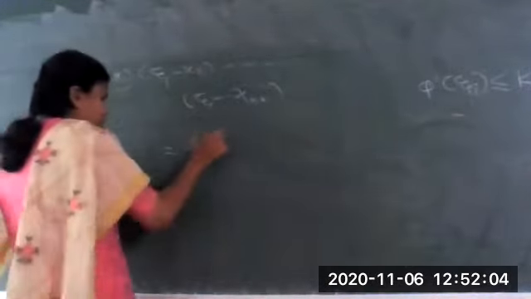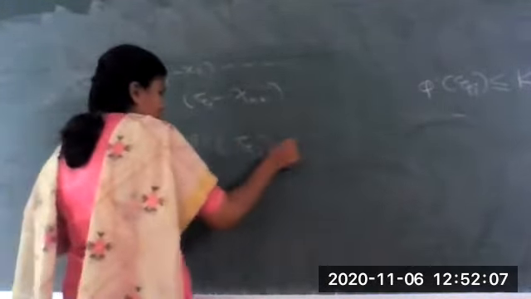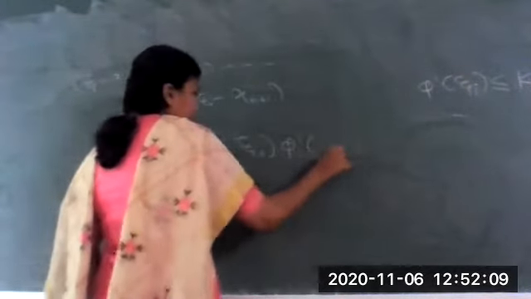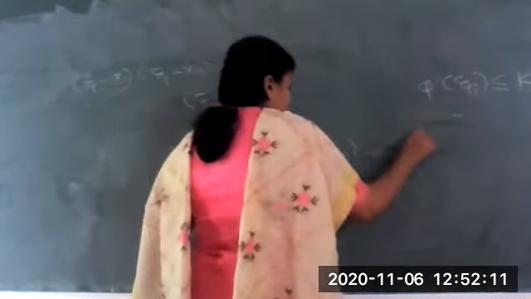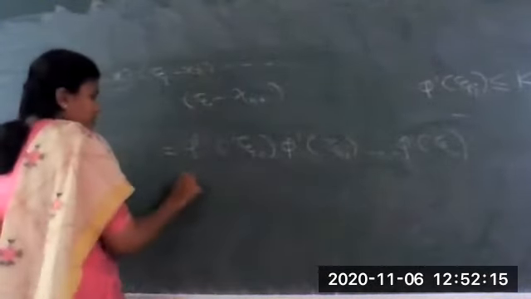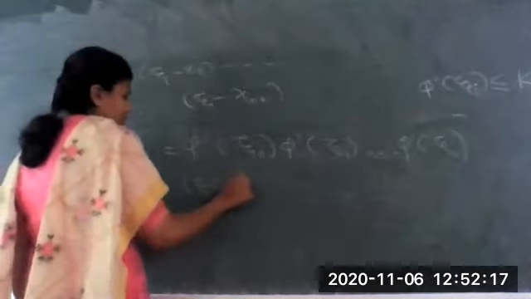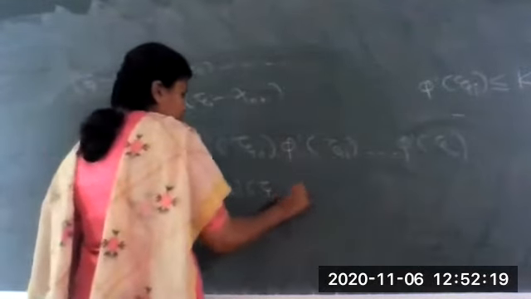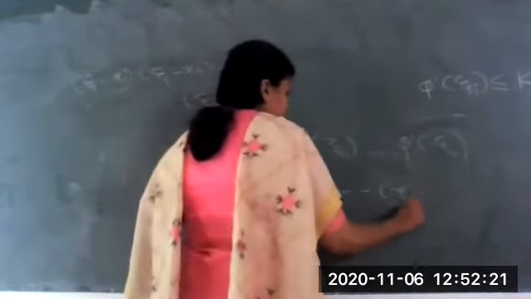We have all those terms with φ'(ζ0), φ'(ζ1) and so on, φ'(ζn). And next we have (ζ − x0), (ζ − x1) and so on, (ζ − xn). All those terms will get cancelled.